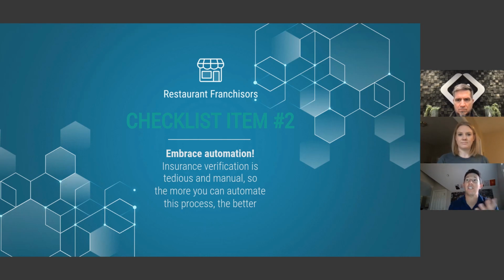You think about the players in the ecosystem. You got the enterprise itself, that would be the pizza chain in this case, all of their franchisees, their brokers, as well as the carriers behind them, and creating a layer of communication and connectedness to that ecosystem is really what allows you to get to a compliant place quickly in an automated way, efficiently.